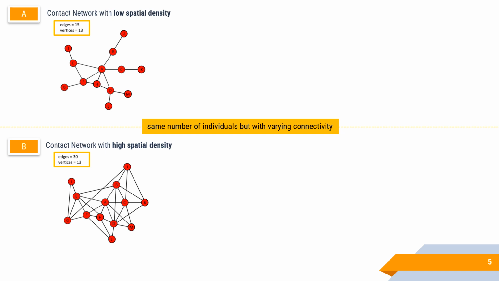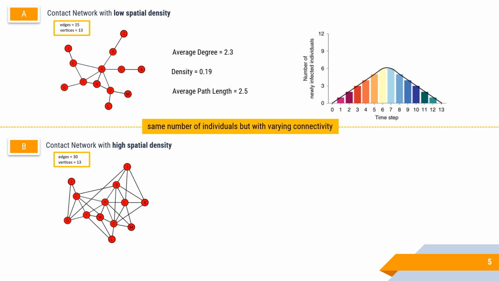Suppose we have two contact networks with the same population but with different spatial density. In network A, individuals on an average have fewer contacts and higher average distance between any two individuals in the network. So it is expected that epidemic will spread slowly in such networks with low spatial density.